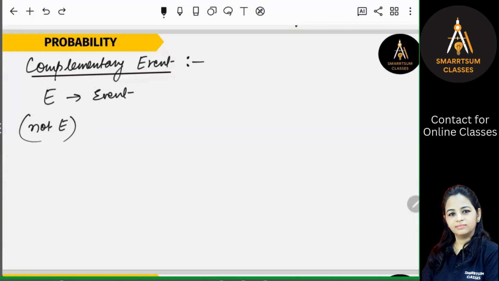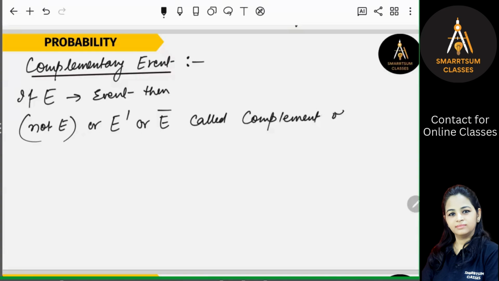So this can also be called E dash, right? Suppose not E or E dash or E bar, sometimes we call it like this also. So if E is the event, then not E or E dash or E bar will be called the complement of event E. Is that clear?